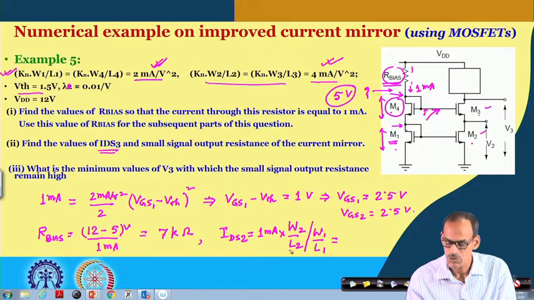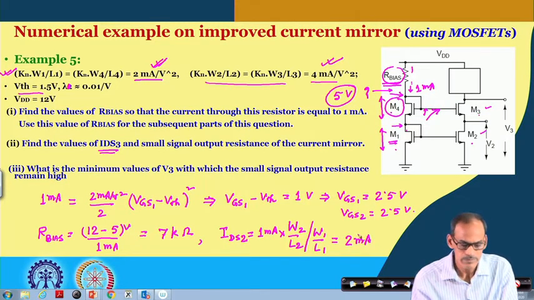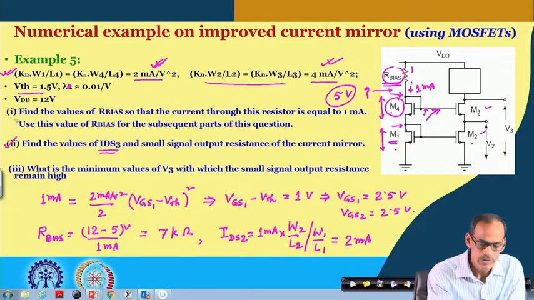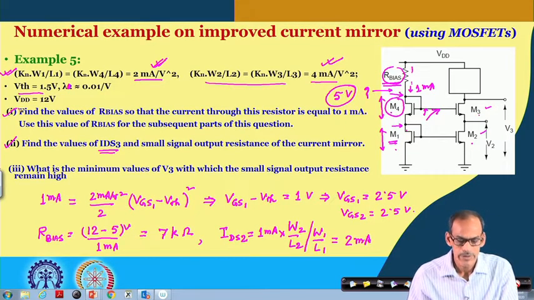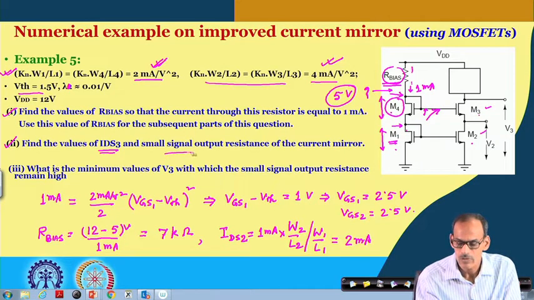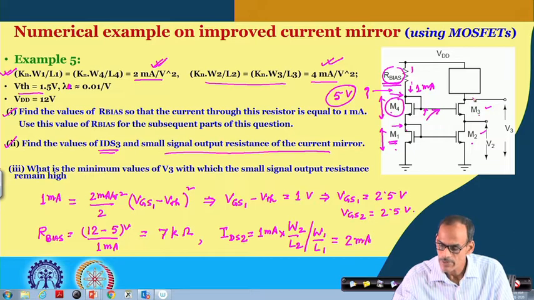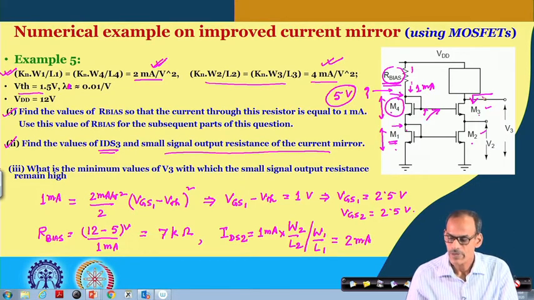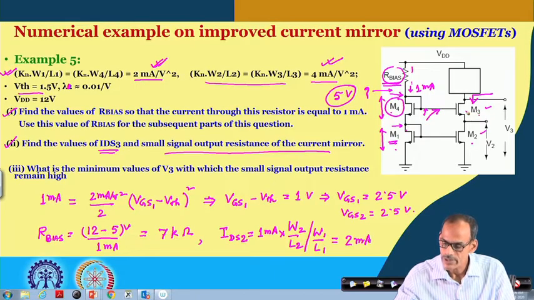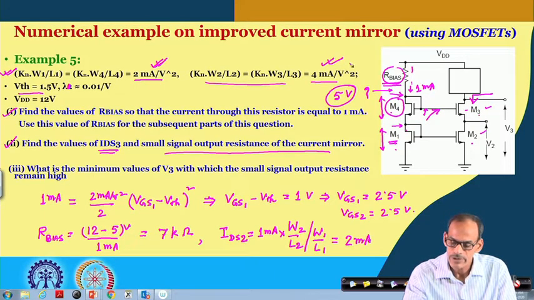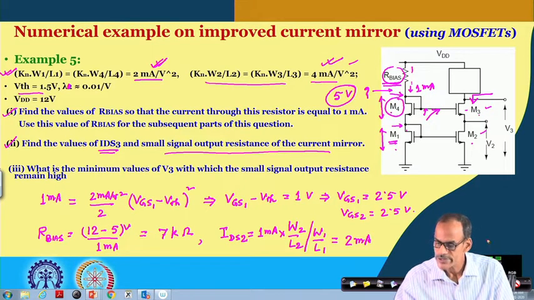So, that is 2, giving us 2 milliampere. So, now we obtain this part and this part. We can calculate the small signal output resistance similar to the way we have done. Since the current here remains the same and this is also remaining the same, we are expecting the output resistance R out.